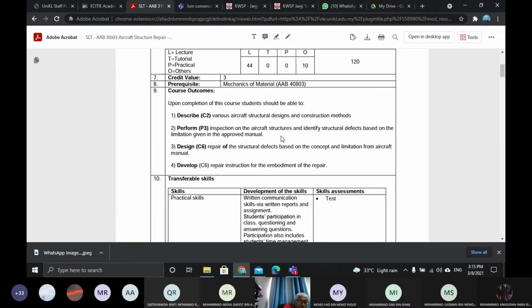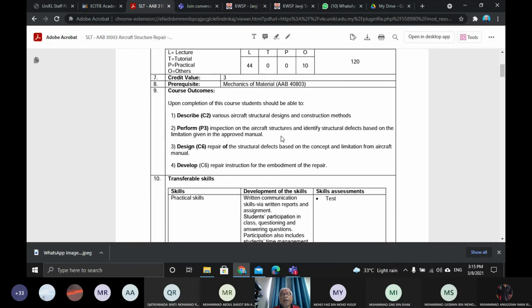We will give you a few examples of a defect problem, and we teach you how to look at that problem, and also there is an assignment for you to identify the damage. So you need to see videos and photos for item number 2. Performing in this aspect will be virtual because we don't have the aircraft with us.